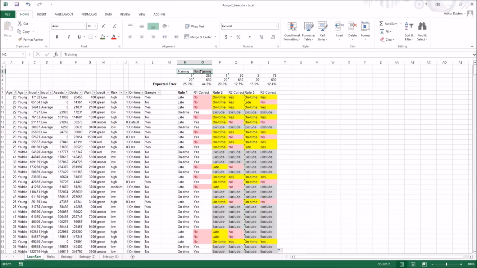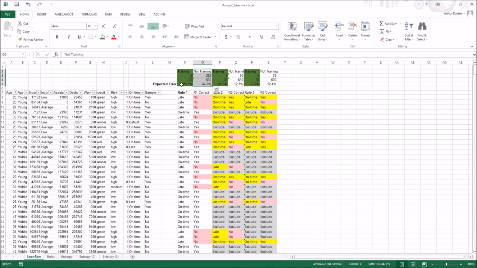And then up here you can see that I've got our training and non-training results. If we take a look, our training should correspond with what we just saw on the rules sheet, and it does. And then we can see how well this model performed against our non-training data.